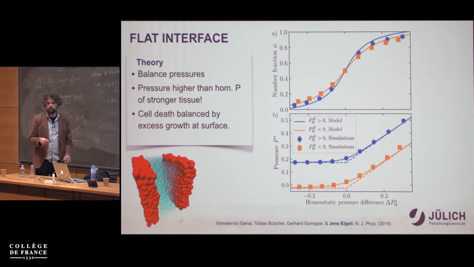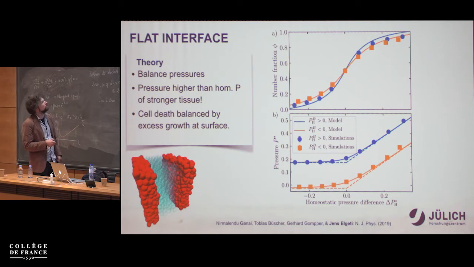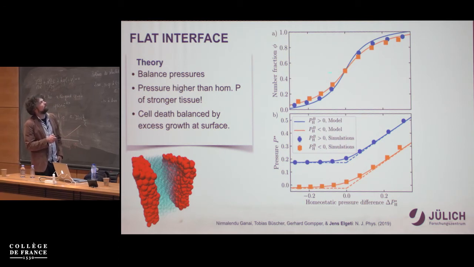What you get is relatively straightforward. I skipped the calculations, but you can find them here. You get the solid lines here. Here you have the number fraction of red versus blue, as a function of the difference in homeostatic pressure between blue and red.